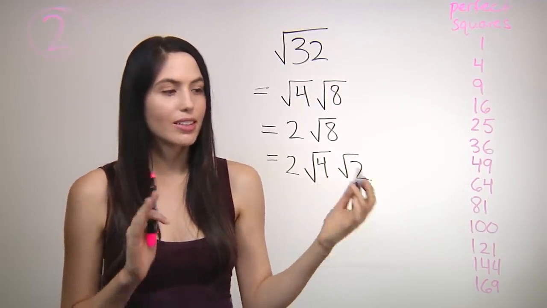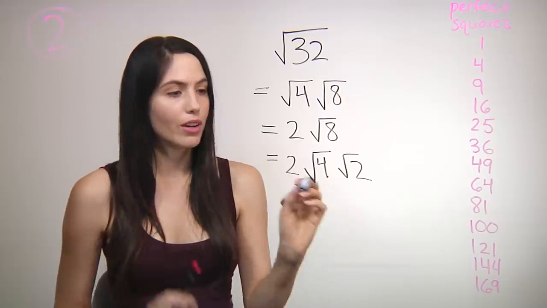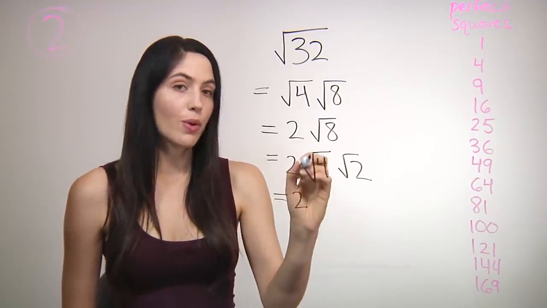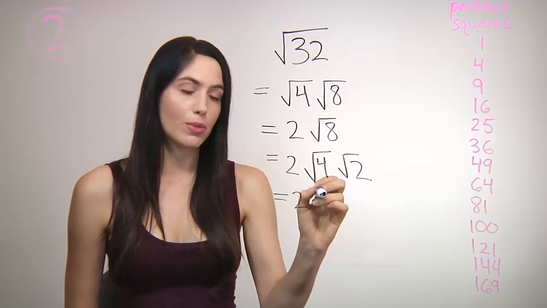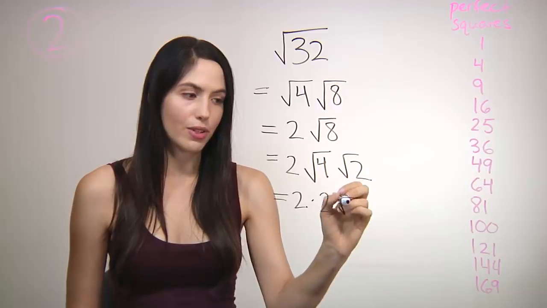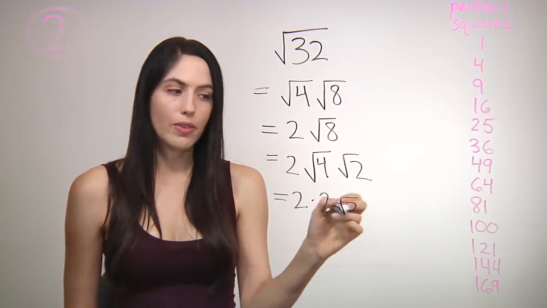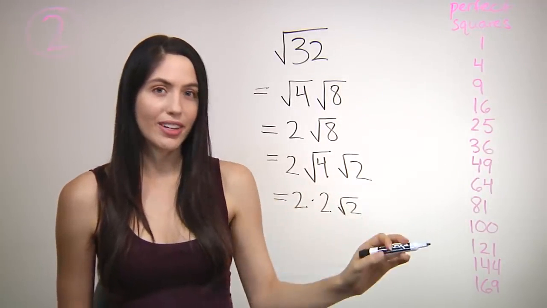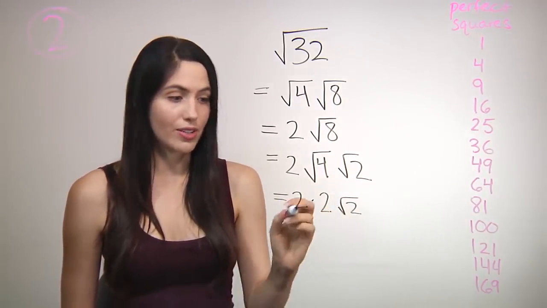Keep simplifying. Keep seeing if you can simplify more. So the next line we have 2 times square root of 4, which just becomes 2, the constant 2, and then we have a square root of 2. Can you simplify square root of 2 even more? No, because it's not on the perfect square list, so it stays in your answer.